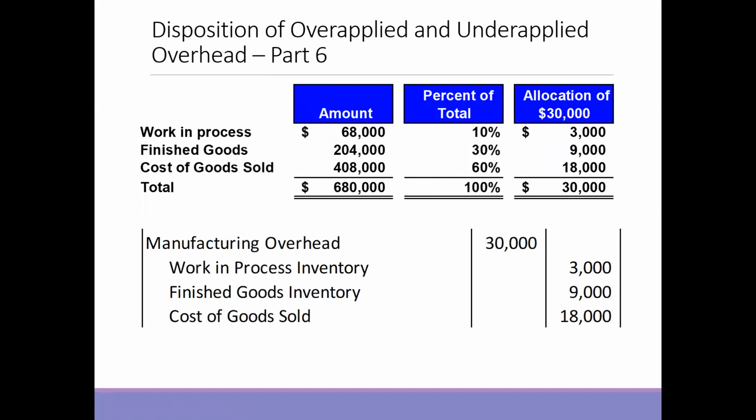If we go that route, we'll debit our manufacturing overhead to zero it out, and we will credit each of these accounts: the inventory asset accounts, and then our cost of goods sold will go down.